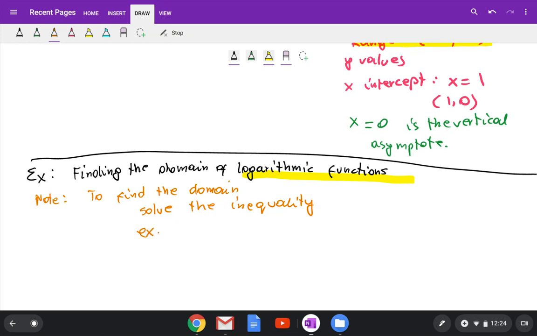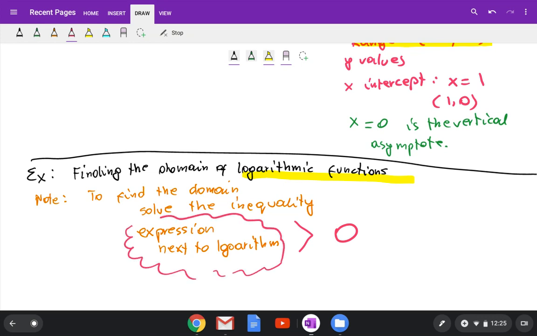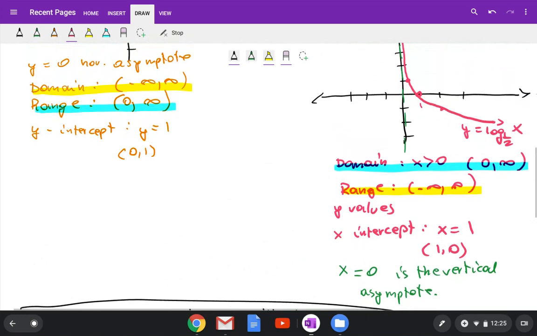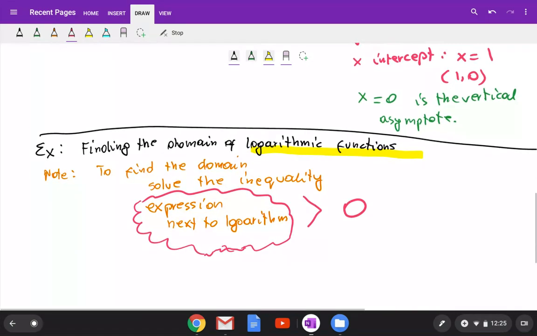The expression next to log has to be greater than 0. Okay, expression next to log greater than 0. And you guys are going to see that comes straight from the graph. Our x's are from 0 to positive infinity.